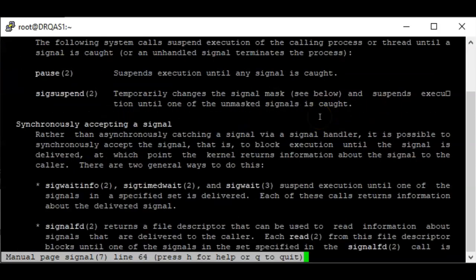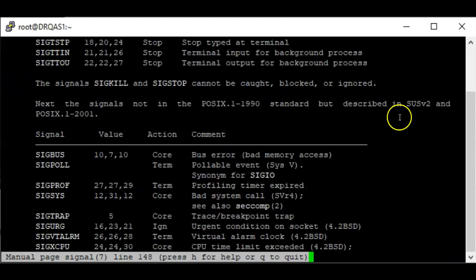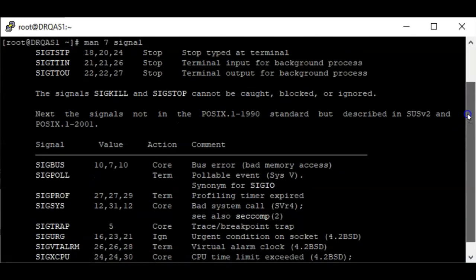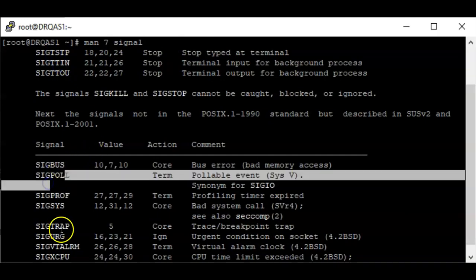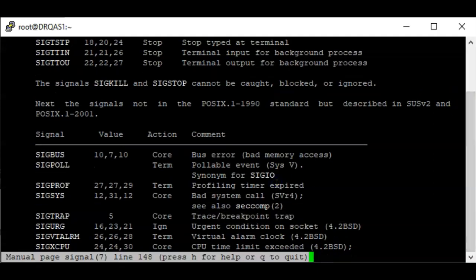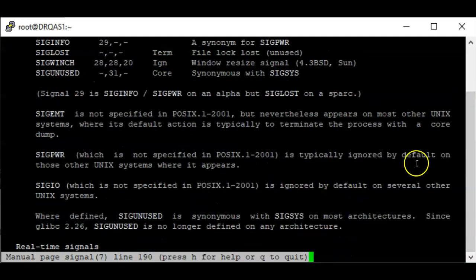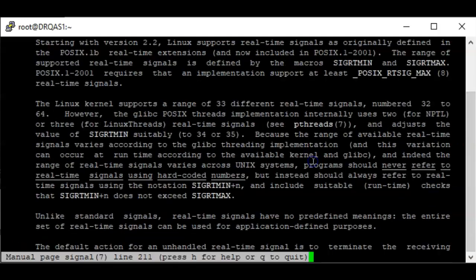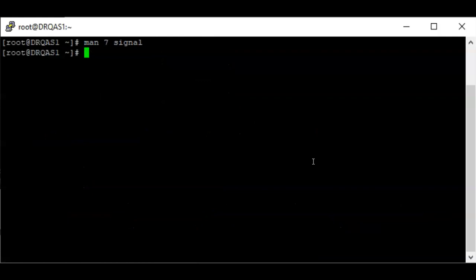I'm just going to scroll down and you can see the different signals: SIGSTP, SIGTTIN, SIGBUS, SIGPOLL, SIGTRAP. But there are two signals we're interested in in this study, which are SIGKILL and SIGTERM.